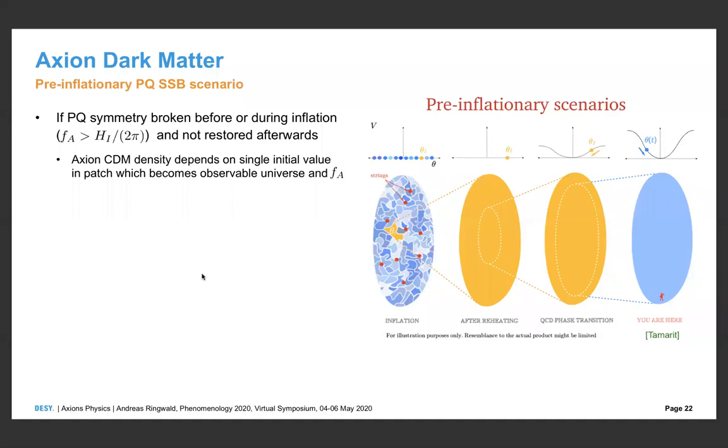Now there are two main scenarios for how the axion dark matter is determined, which also relate to inflation. Namely, if the Peccei-Quinn symmetry is broken before or during inflation, which means the axion decay constant is larger than the Hubble expansion rate during inflation and the symmetry is not restored afterwards, then the axion cold dark matter density depends on a single initial value in the patch which becomes the observable universe, and on the decay constant.